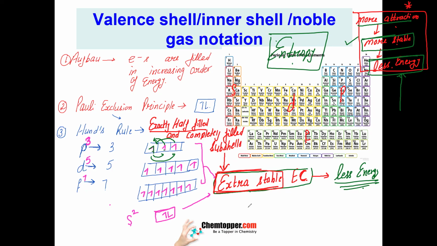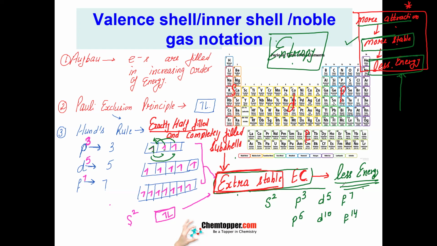Extra stable configurations. Exactly half filled and completely filled subshells are extra stable. So s2 extra stable, p3 extra stable, d5 extra stable, f7 extra stable, p6 extra stable, d10 extra stable, f14 extra stable.